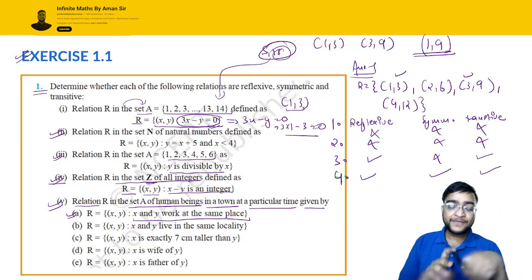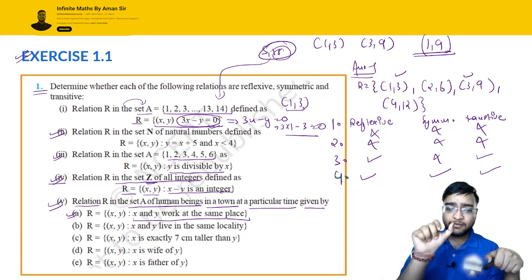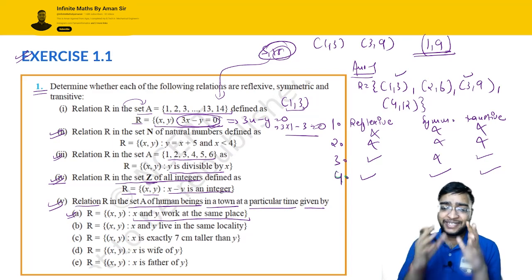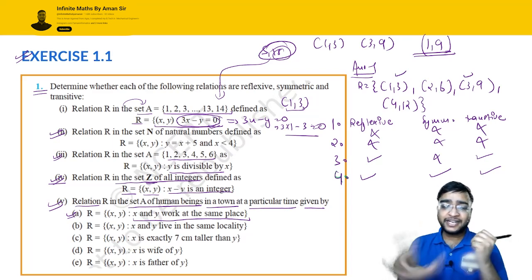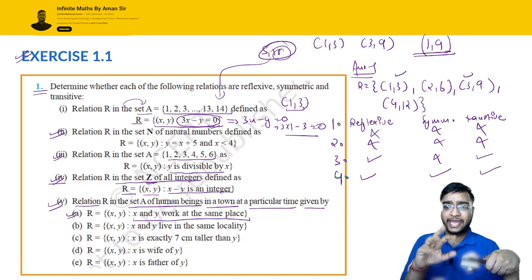Let's take the reflexive one first. For the reflexive one you take the same elements, the identity set. If I take the identity pair, the condition becomes x and x work at the same place. Does this make sense?